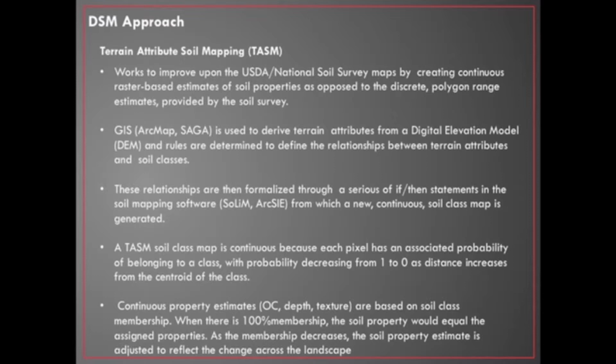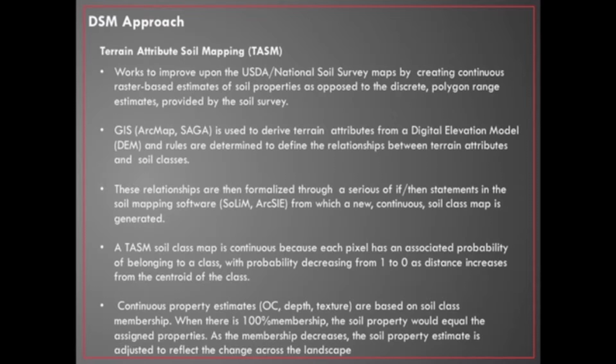Once we derive these terrain attributes, we set rules to define the relationships between those attributes and soil classes. These relationships are formalized through a series of if-then statements in a software, and you could also do this on your own without one of these softwares. From this, a continuous soil class map is generated.